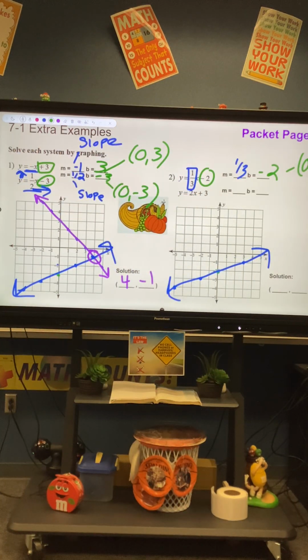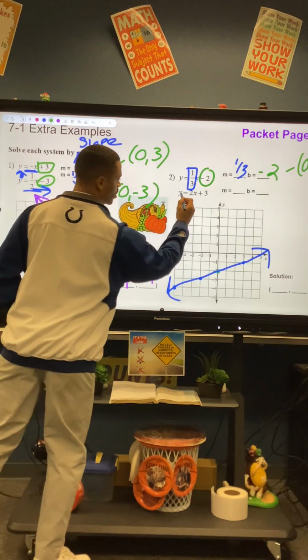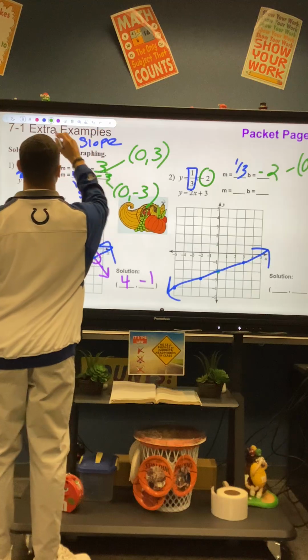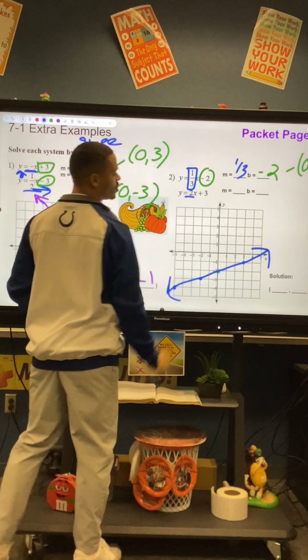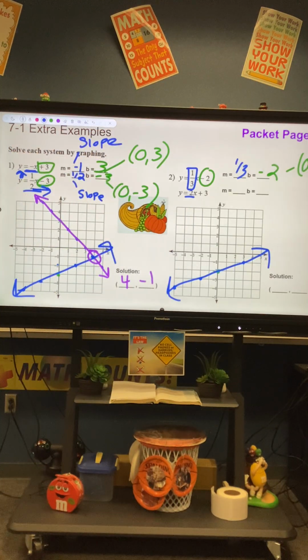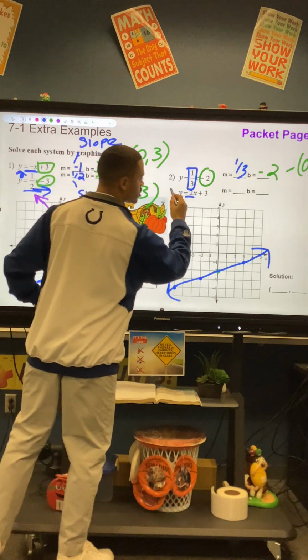Dameon, what's my M value for this line down here? Oh, hold on. Wrong color. What's my M value? Six? Where did you get 6 from? Don't multiply.